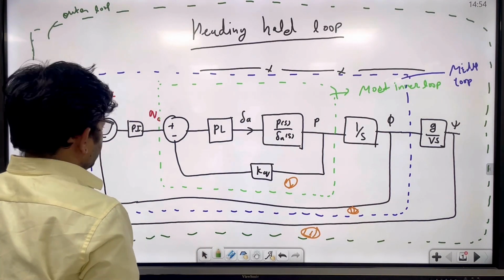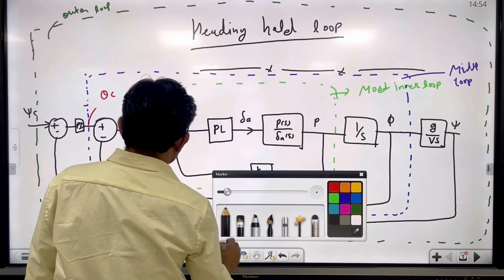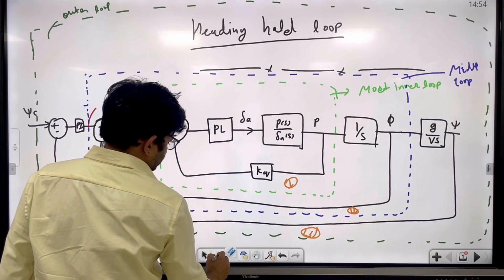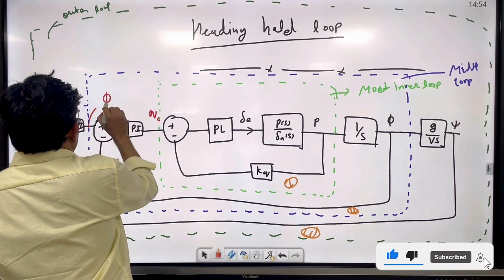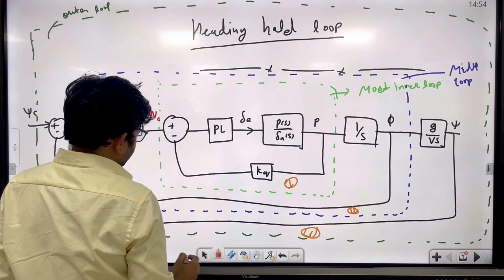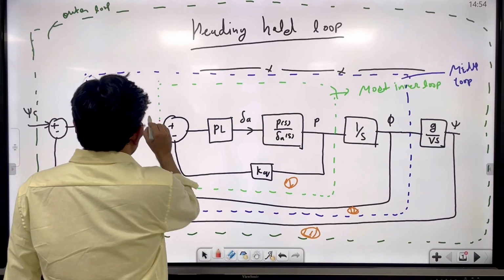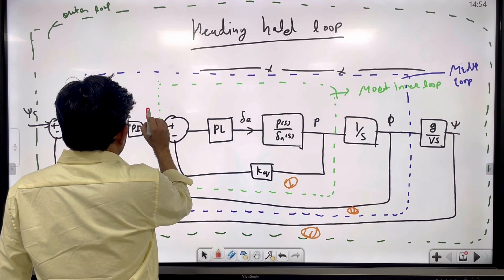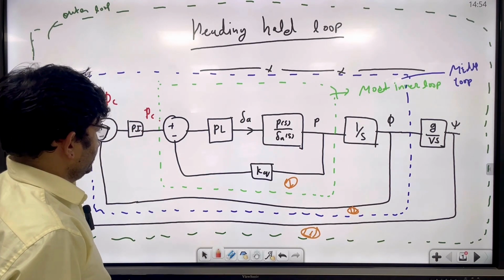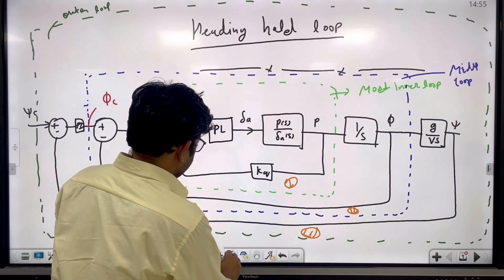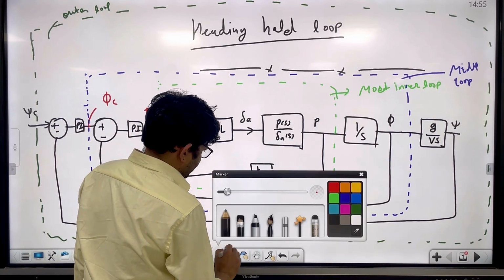This will be phi command then. This will be p command then. And this you can multiply as a Kp, right?